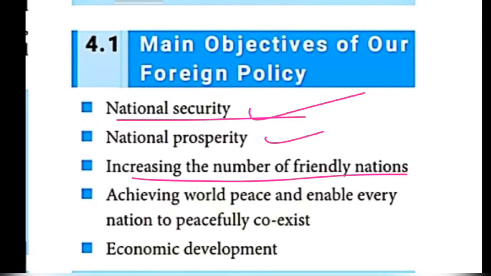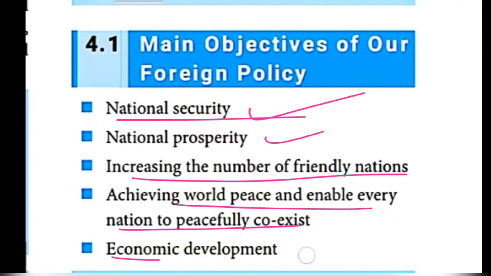The next one given is achieving world peace and enabling every nation to peacefully coexist. Peacefully we have to talk about problems with other countries, and through that we have to achieve world peace. That is one of the objectives of the foreign policy of India.